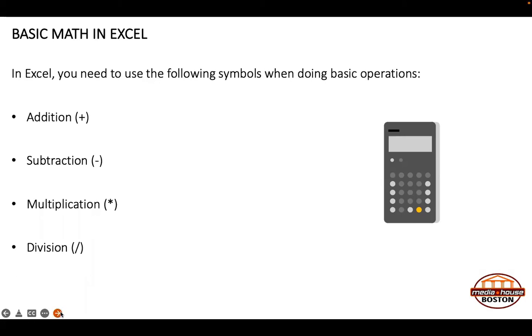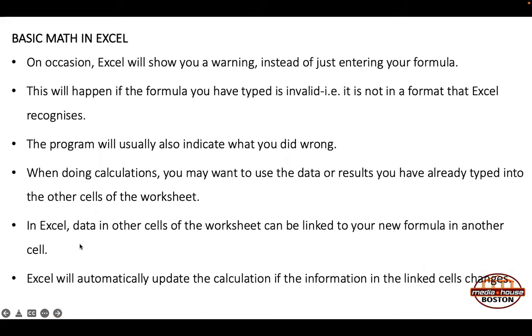Okay, let's continue. Sometimes in Excel, it will show you a warning, especially if you are inputting incorrect information, or when it doesn't recognize what you're writing because it's not a format that Excel recognizes.